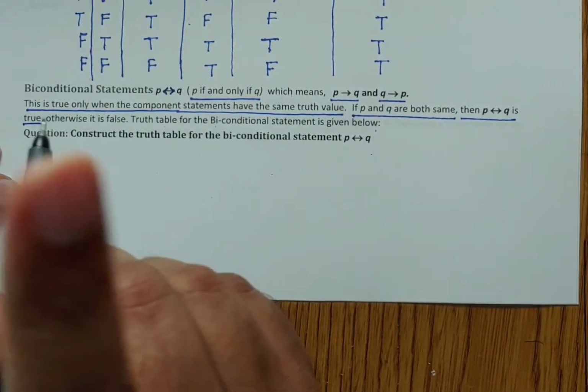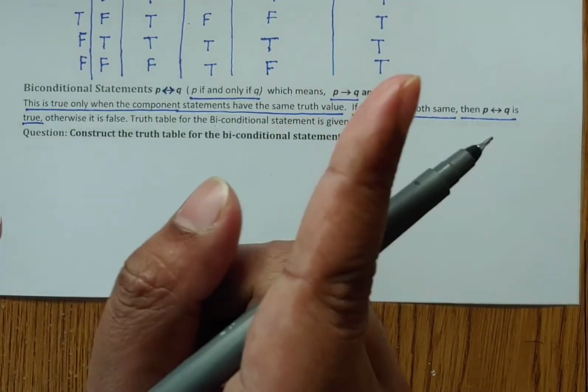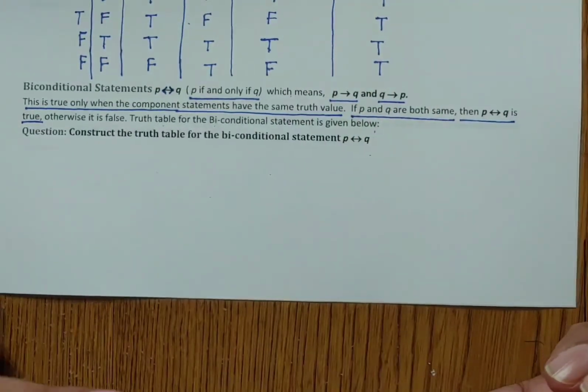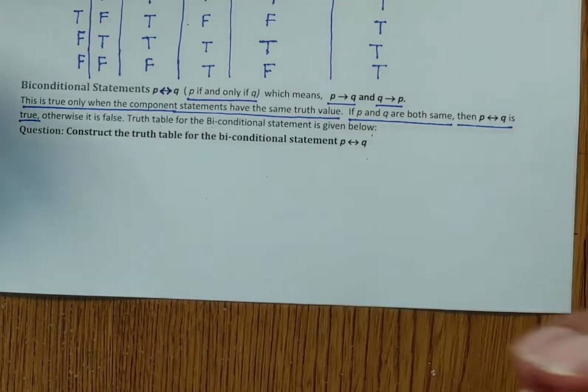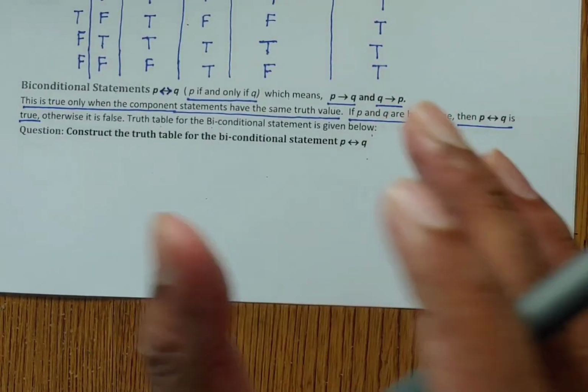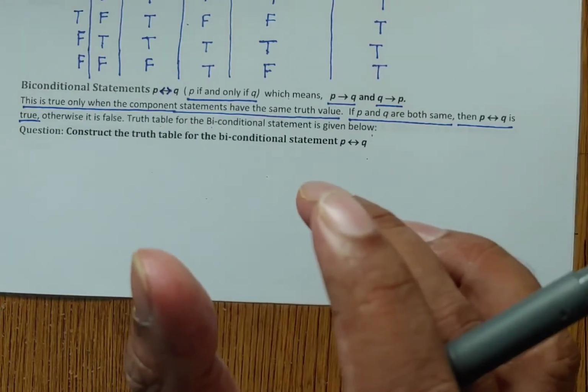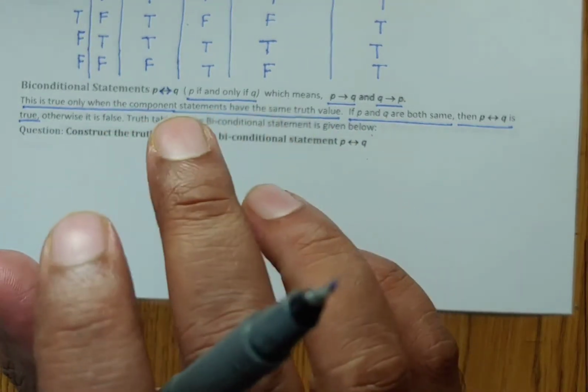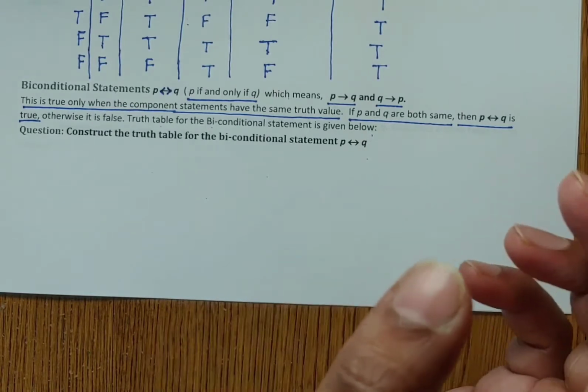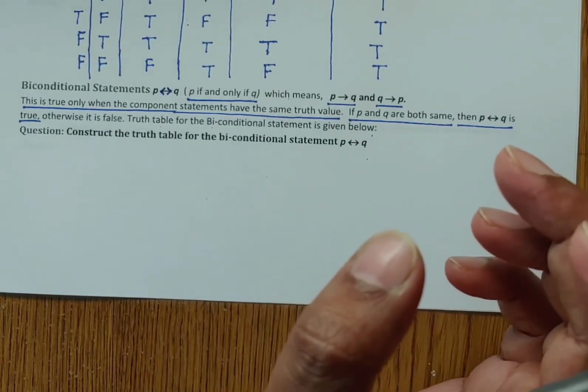If they are true and true, then it is true. If they are false and false, then it is true because they have the same thing, right? If they have different values, then these are false.